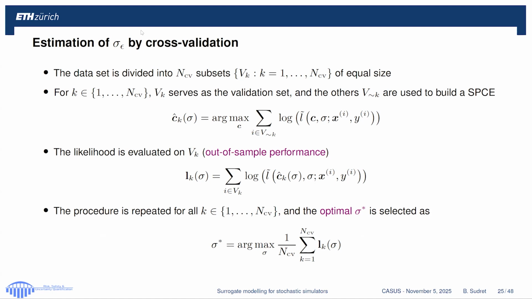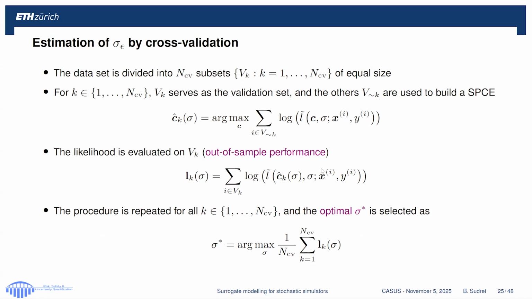Instead of using all data at once, we do different folds, let's say 10, and we fit the model with 9 folds out of 10, and then compute on the remaining fold, or 1/10 of the points, the performance of the model, that is this likelihood, once we have solved the problem.